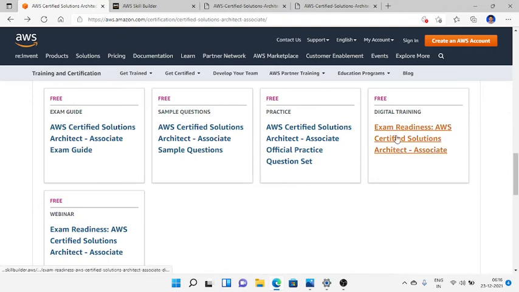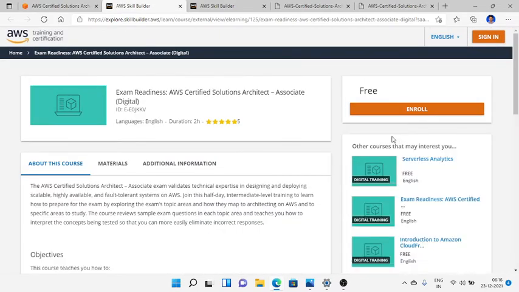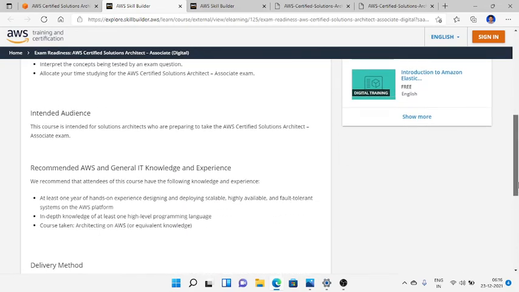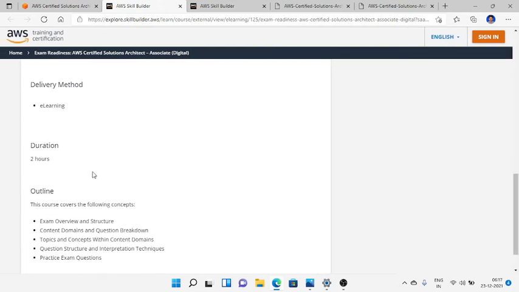And digital training, here it is totally free, where AWS is giving you the digital training. What you have to do is the exam readiness training. You can enroll for it for free. After enrolling and completing it, you will even get a certificate of attendance. This duration is 2 hours.